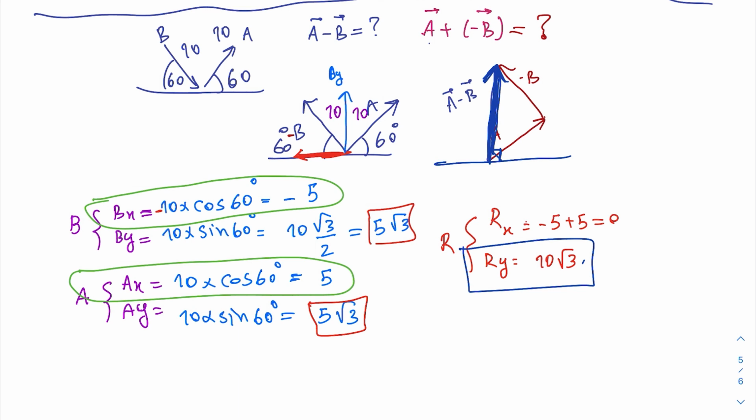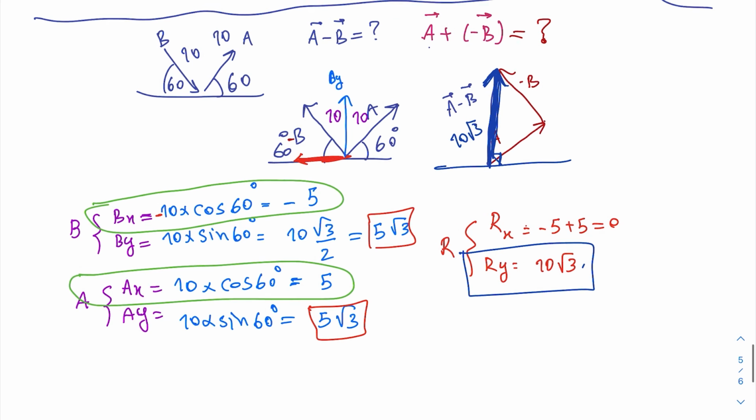So it only has a vertical component, and the magnitude we already calculated, which is 10 square root of 3. So that was the example, and that is the answer to calculate vector A minus vector B. Thanks for watching.